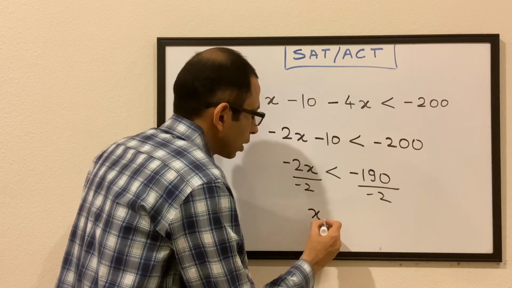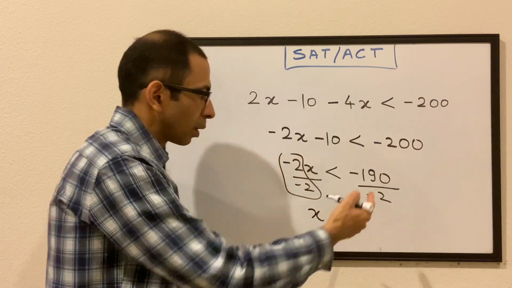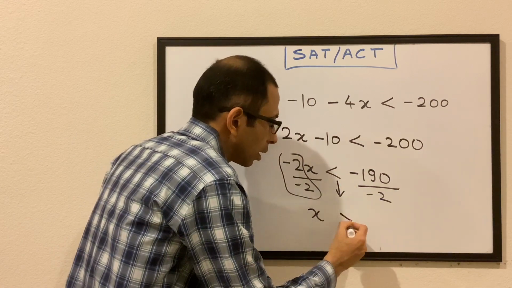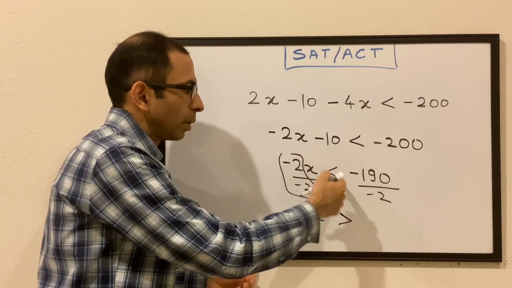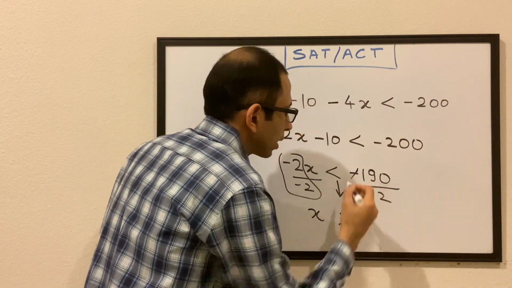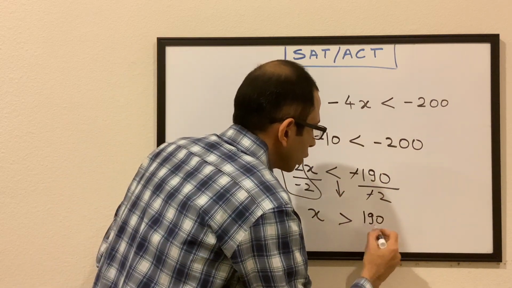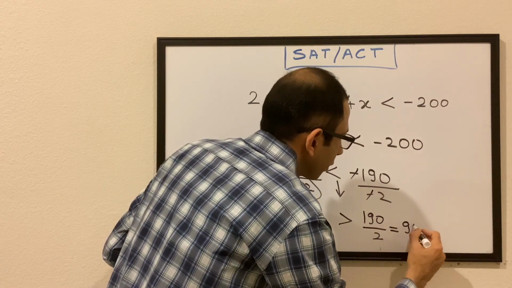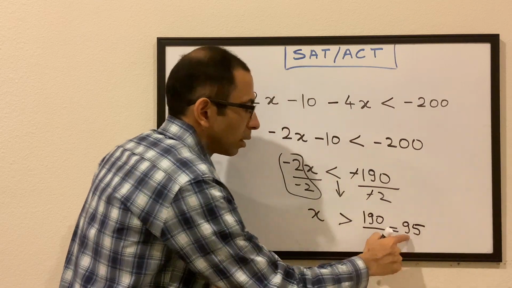So in this case, once we divide by minus 2, on the left side we get x, and this inequality sign flips, from less than it becomes greater than. Minus and minus cancel, so 190 over 2 or 95. So x is greater than 95.